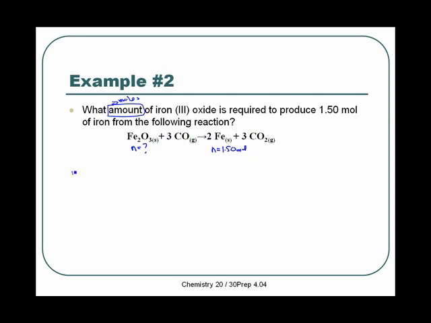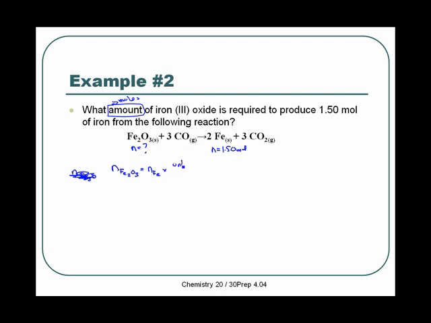And so we're going to say the number of moles of Fe2O3 is going to be equal to the number of moles of iron times my mole ratio.